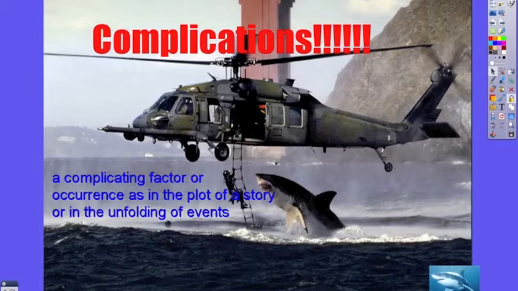Notice it doesn't change the main issue, it merely changes the difficulty. This pilot is going to have a much harder time getting away with this shark than he would if there were no shark. That makes it a complication.